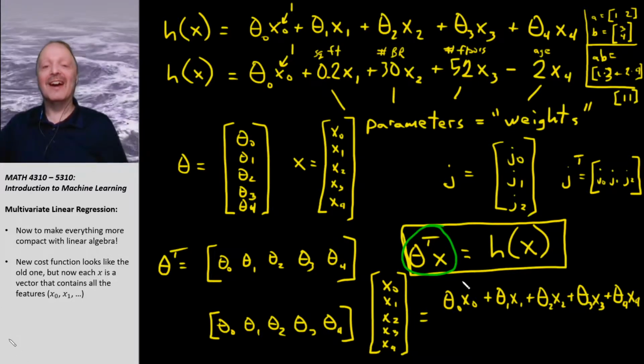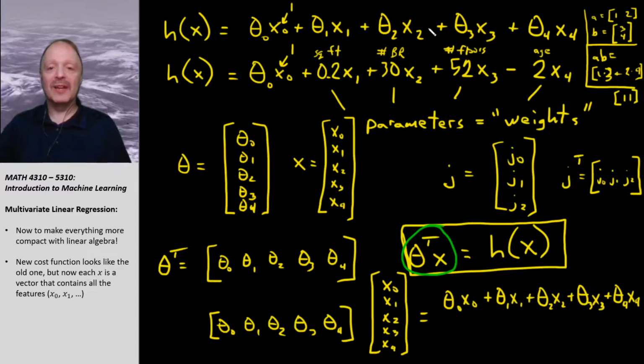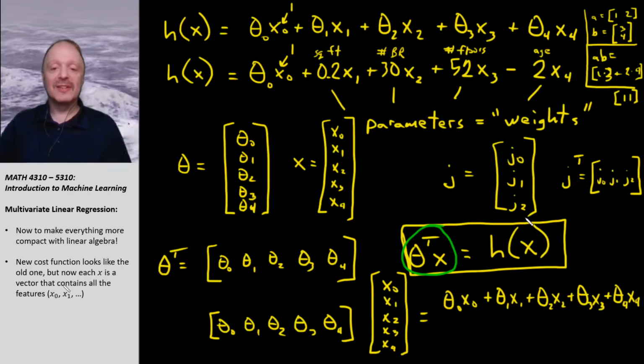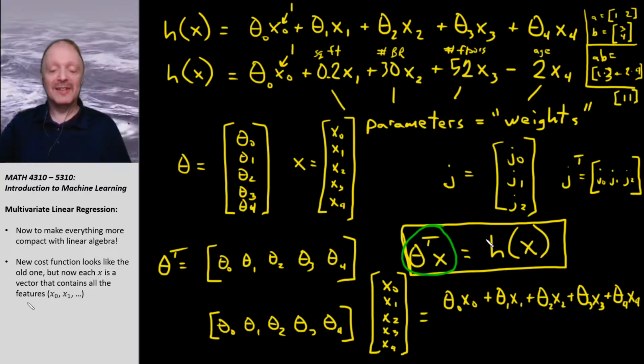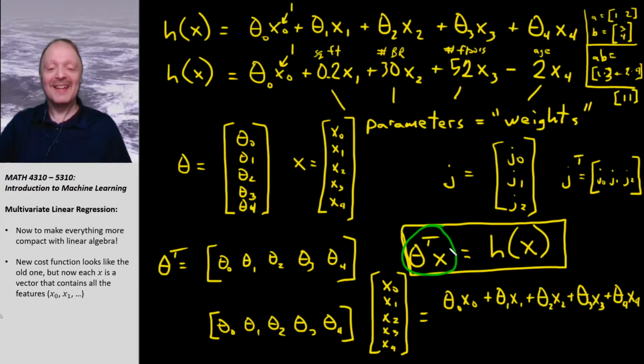So our new cost function is going to be a little more tricky to deal with because we're going to have all of these parameters and features kind of locked within it, hidden inside this theta transpose x, but we'll get through it just fine.